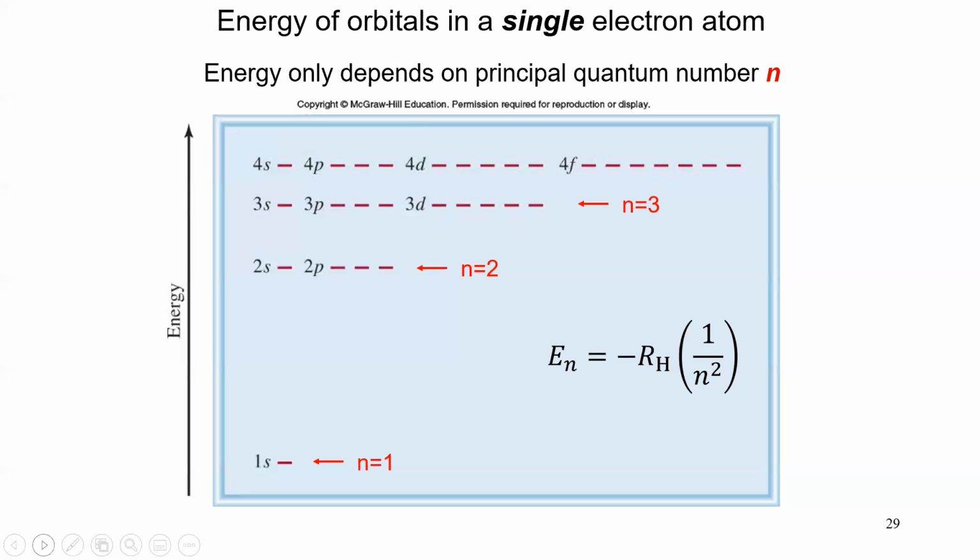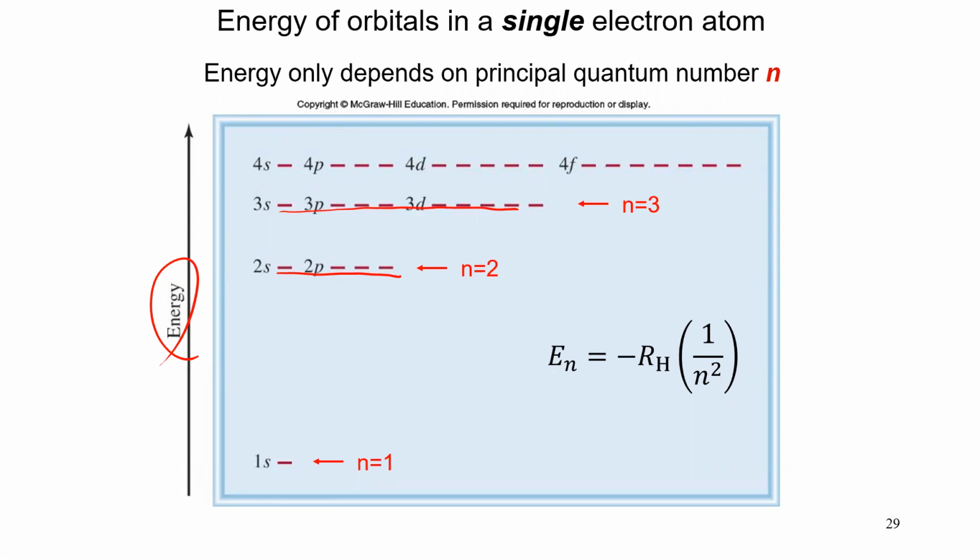all of those subshells have exactly the same amount of energy. Right? And so here's the n equal 1 down at the bottom, n equal 2. The 2s and the 2p subshells have exactly the same amount of energy. Notice the y-axis here is energy. For n equals 3, the s, the p's, and the d's all have exactly the same amount of energy. N equals 4, s, p, d, and f all have exactly the same amount of energy.